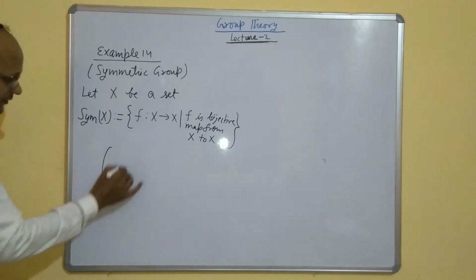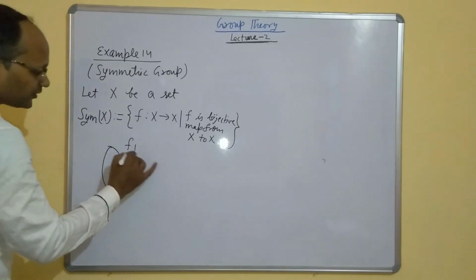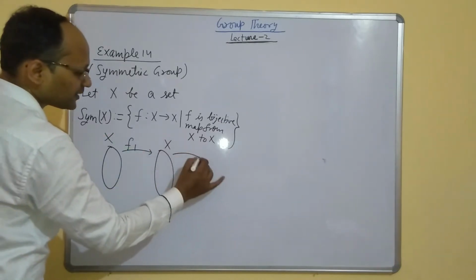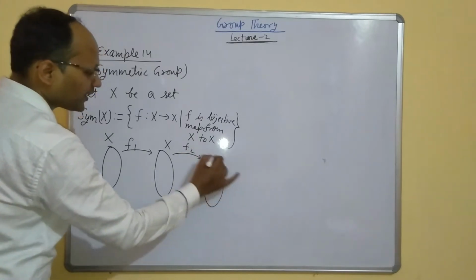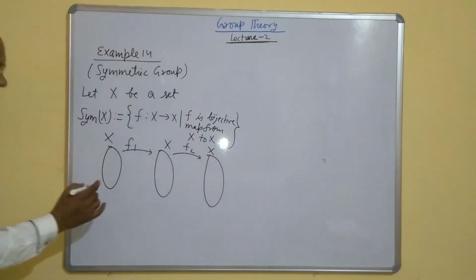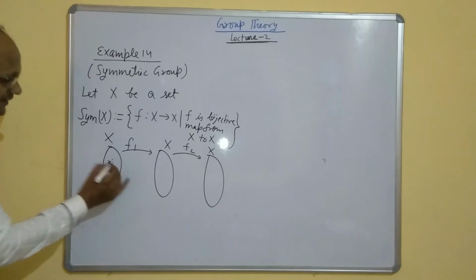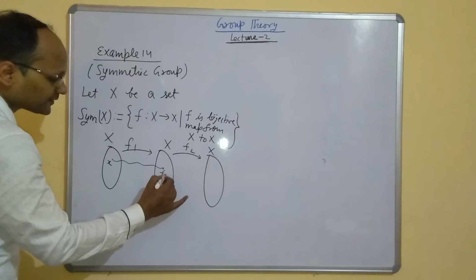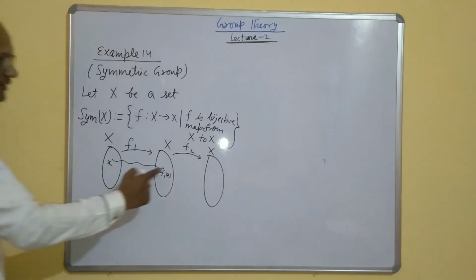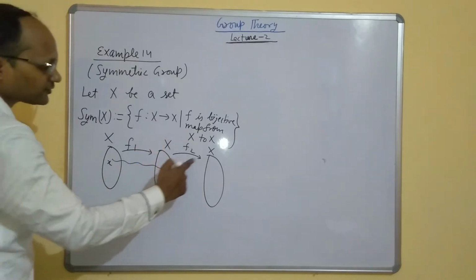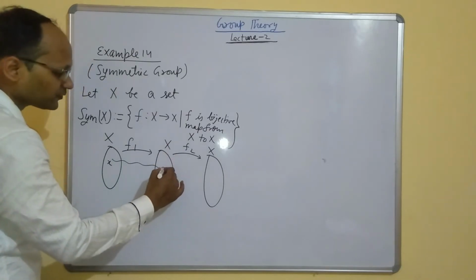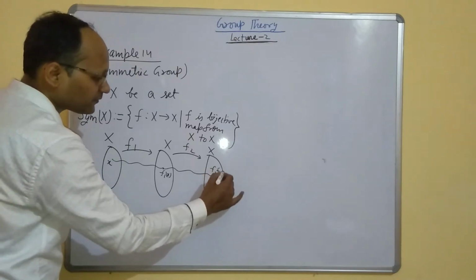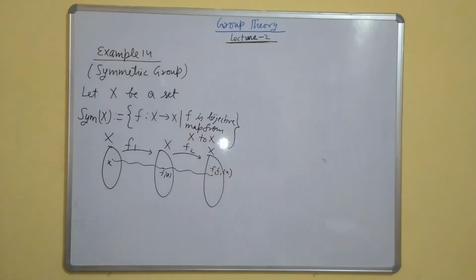Suppose I take one map f1 from X to X, X is a set, and I take another map f2 from X to X, then the composition of map being, if I have an element x here and the image of x under f1 is f1(x), then because this f1(x) belongs to capital X, we can take its image under f2. So f2 will take it somewhere. So this element f2(f1(x)). And this is called the composition of map.